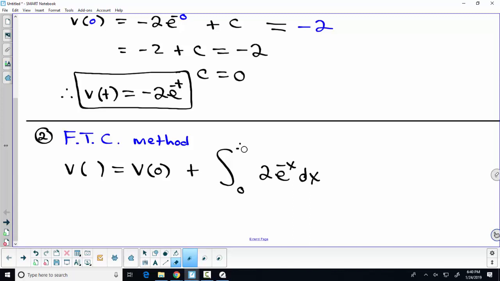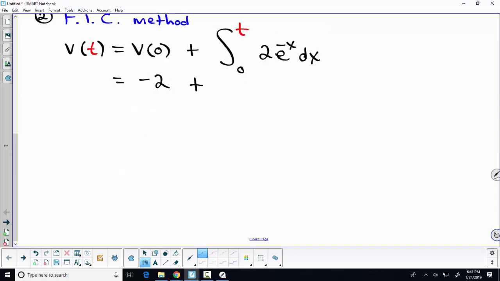I wanted to do this just to remind ourselves where that input actually goes. We're given v of 0. Was that -2? We already found this antiderivative.